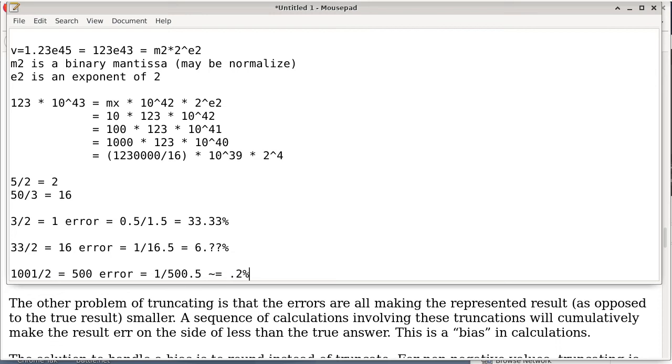Not exactly, but pretty close to 0.2%. Do you see how if I increase the dividend, I can lower the error? So that means if I want to do some trick like this to divide the mantissa by some power of 2, I want to crank up the mantissa as much as I can before the division by some power of 2. Does it make sense to you?